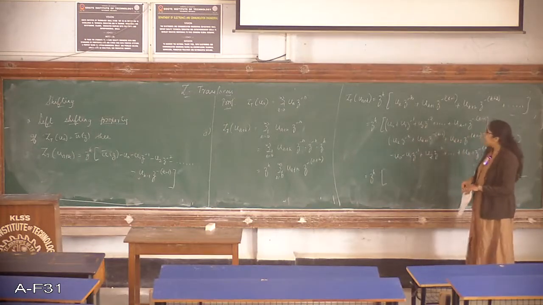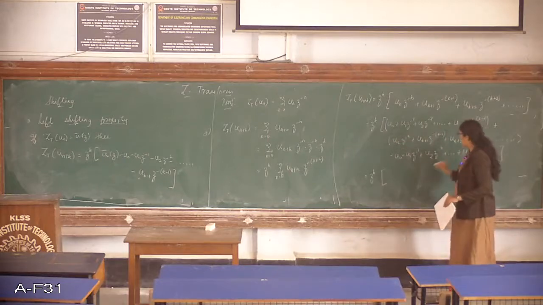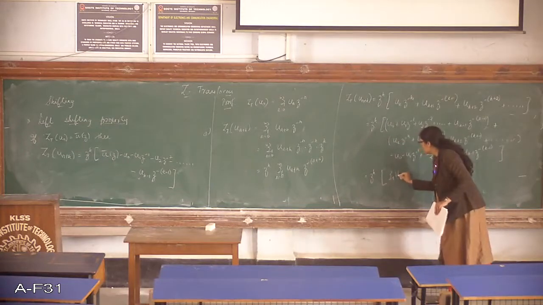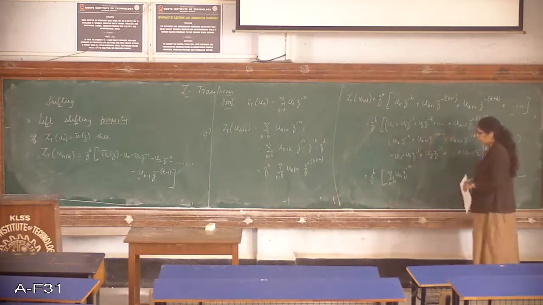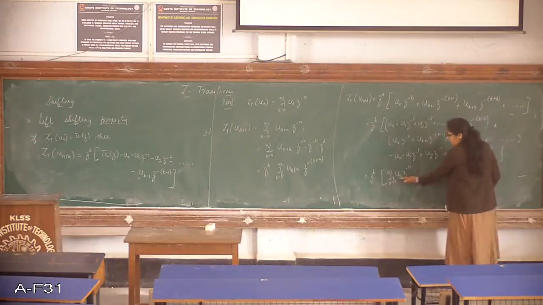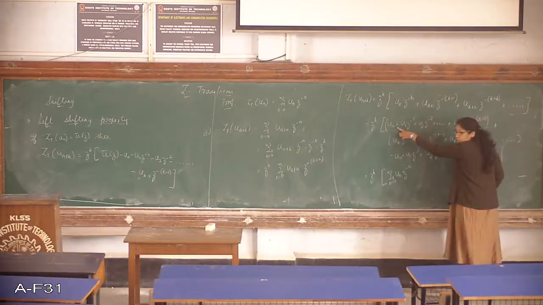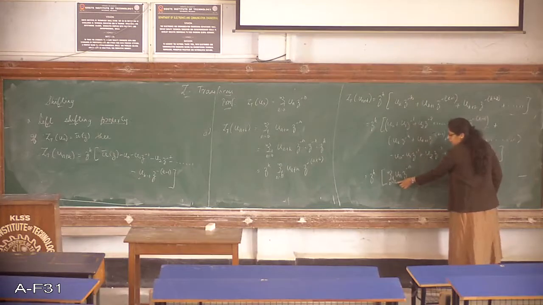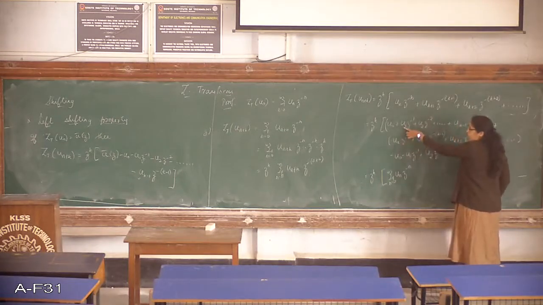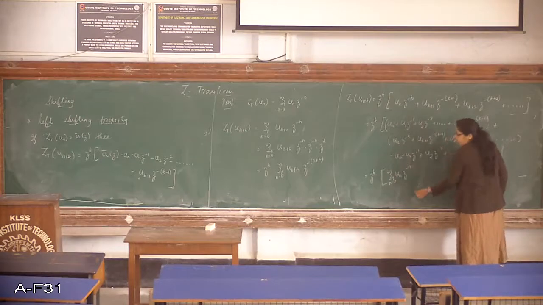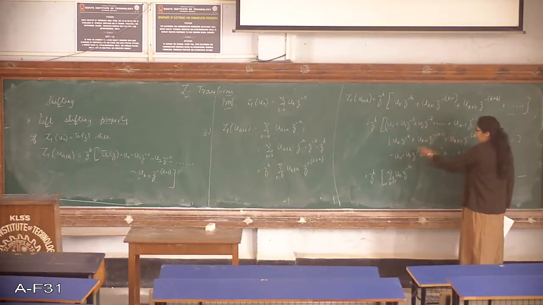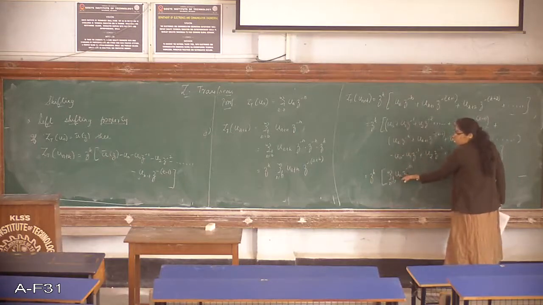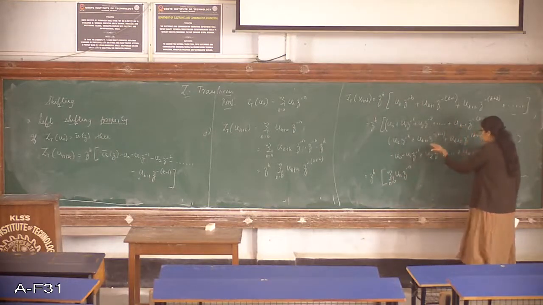That is, I can write this whole term as the summation of u_n z raised to minus n, ranging from 0 to infinity. If you want, you can cross check. When I replace n value as 0, I get u0. When I replace n as 1, I get u1 z raised to minus 1. When I replace n as 2, I get u2 z raised to minus 2, and so on. If I replace n as k, I get u_k z raised to minus k, and this is how it goes on.